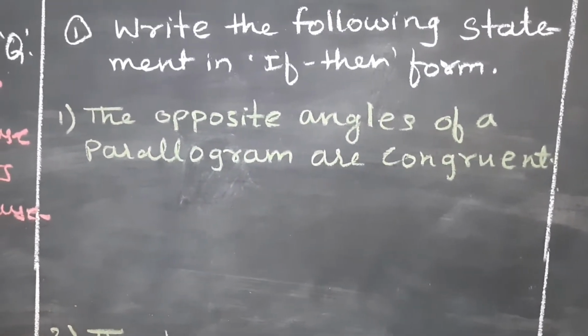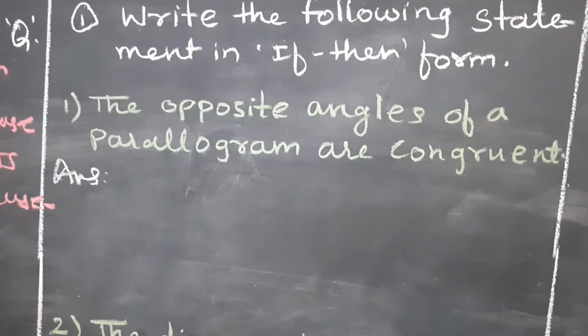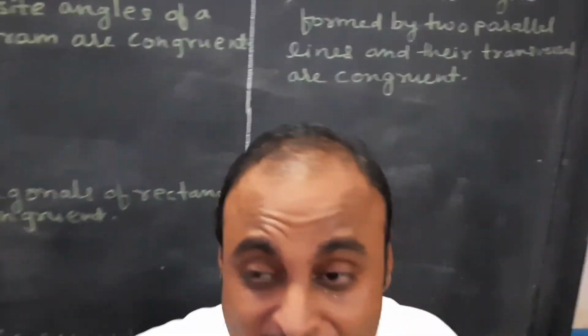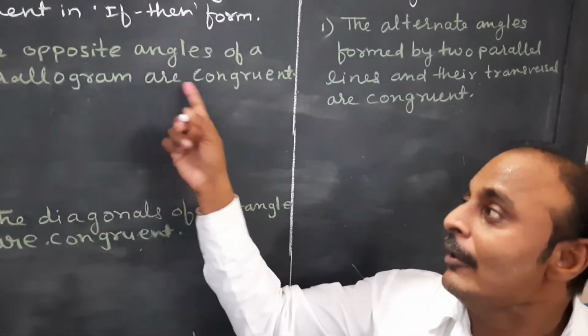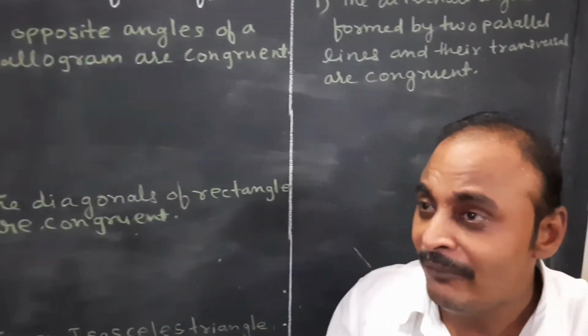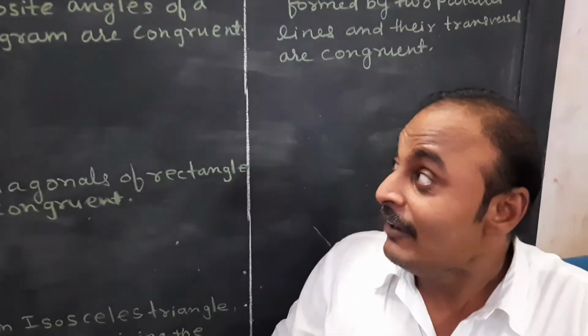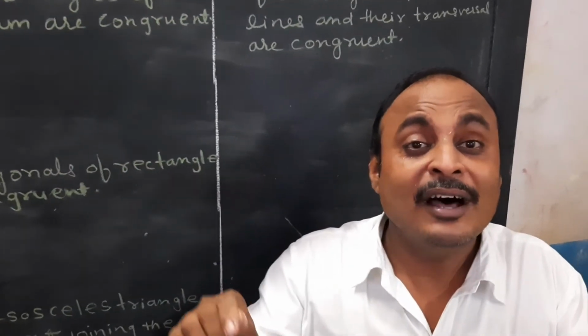So you can see the first question is given: the opposite angles of parallelograms are congruent. If I have to say this statement in conditional form, how can I write it? If a quadrilateral is a parallelogram, then its opposite angles are congruent.